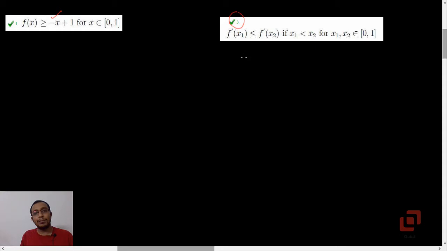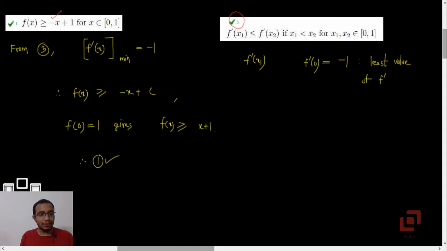In option 3 we proved that f dash of x1 is less than or equal to f dash of x2 if x1 is less than x2 for x1, x2 in the closed interval 0 to 1, which means f dash of 0, which is given in the problem to be minus 1, happens to be the least value of the derivative as far as this interval is concerned. So from option 3 we know that f dash of x's minimum value is minus 1.